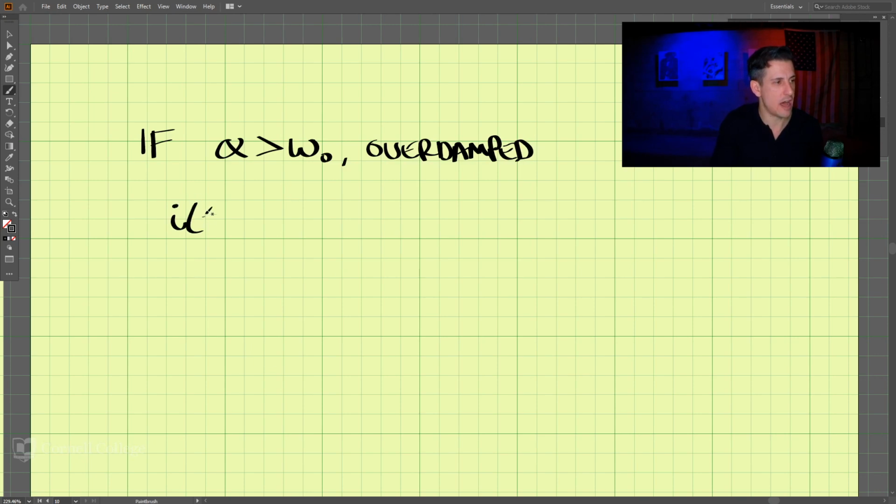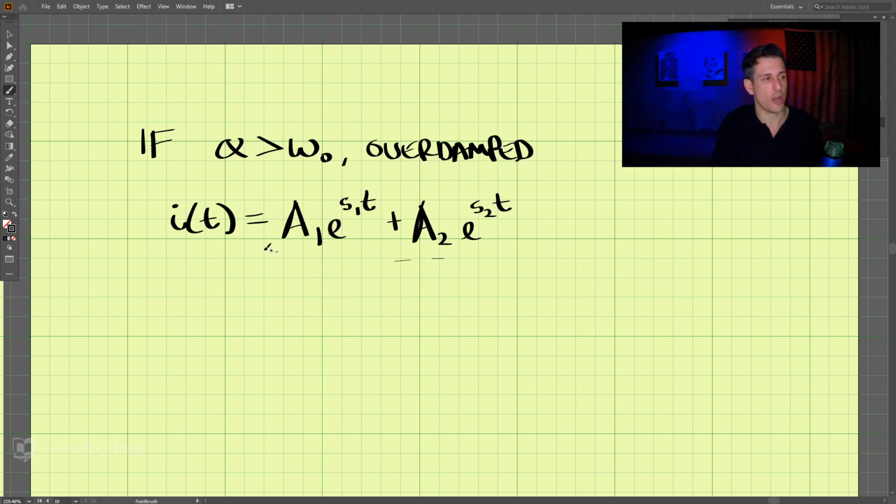Our equation is I of t is equal to A1 e to the S1 times t plus A2 times e to the S2 times t. So this is our solution to our equation.